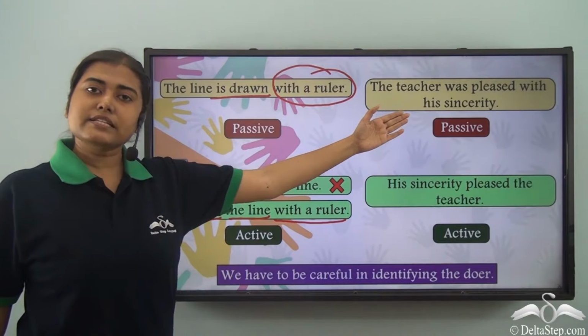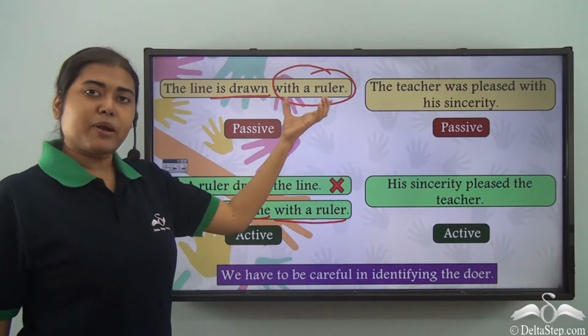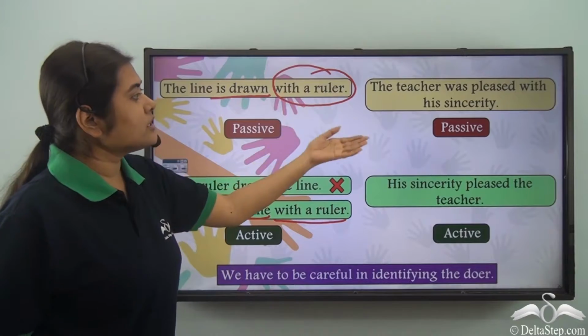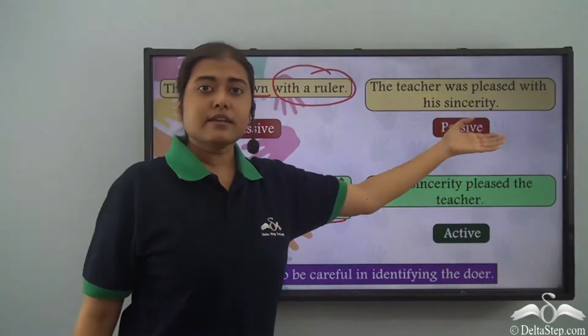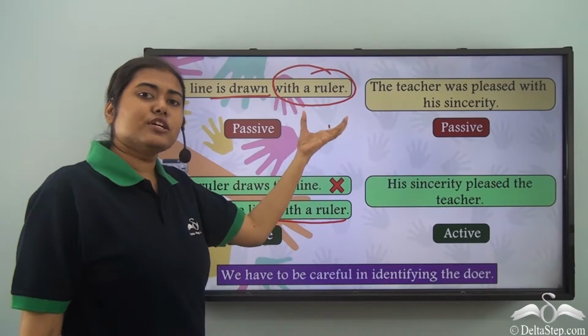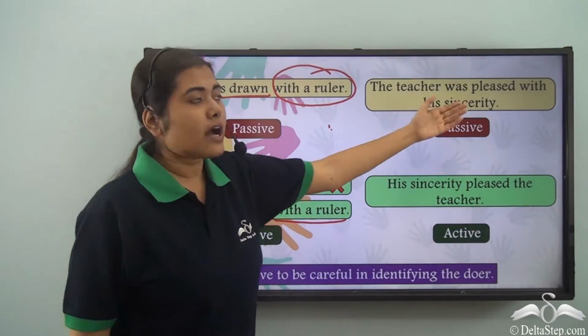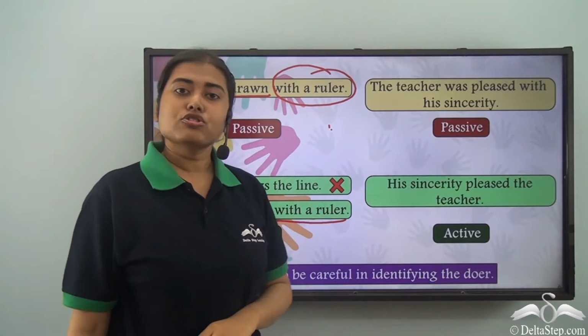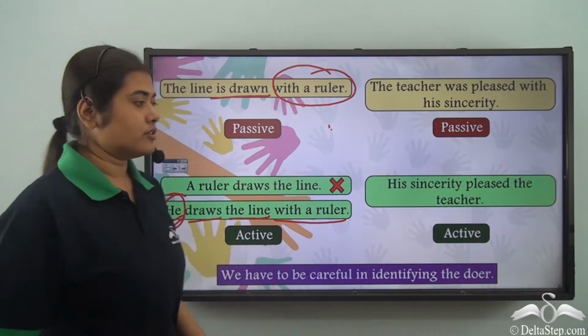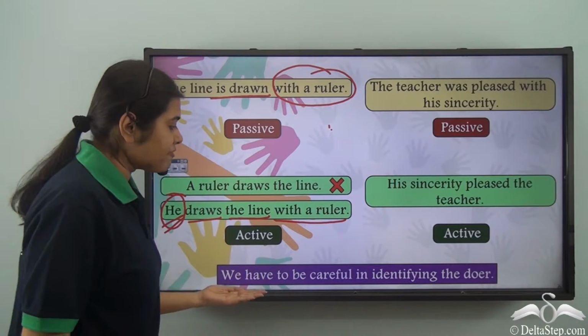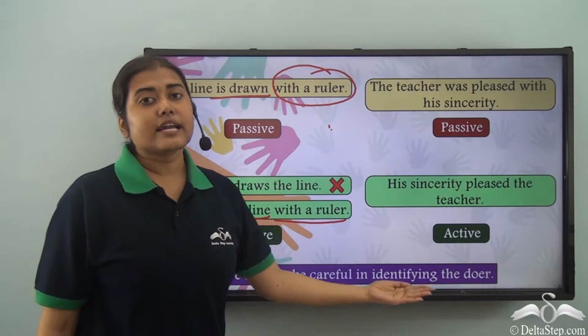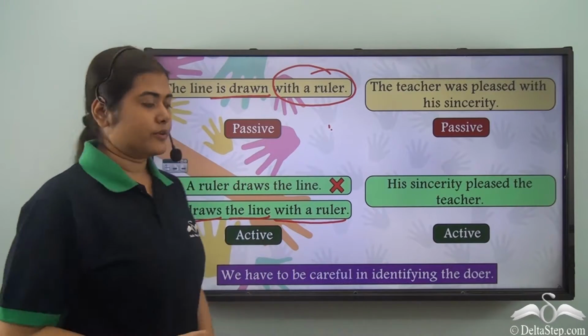So in both the cases, what do we see? We have a prepositional phrase with a ruler, with his sincerity, but in one case it is just a tool and not the doer of the action, whereas in the other case it is the doer of the action. So in such cases we have to be very careful in identifying the doer.